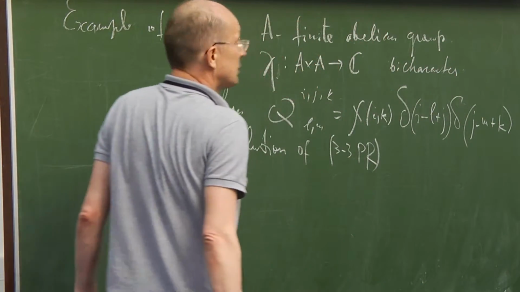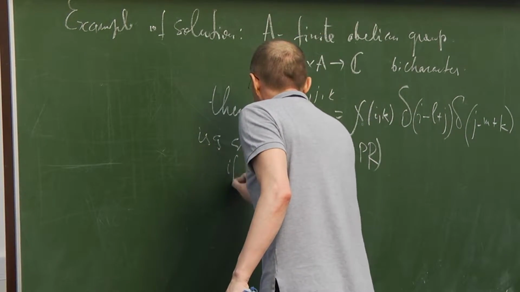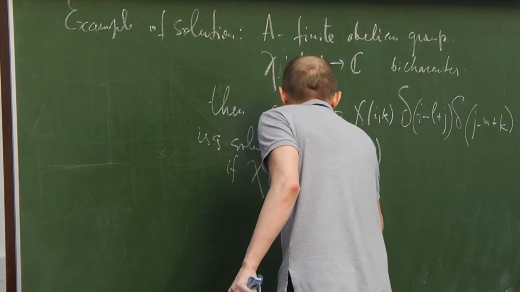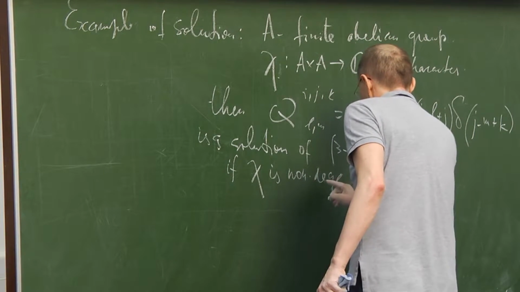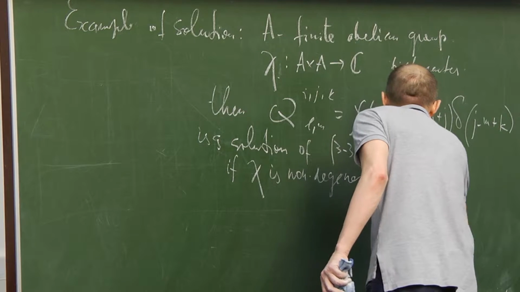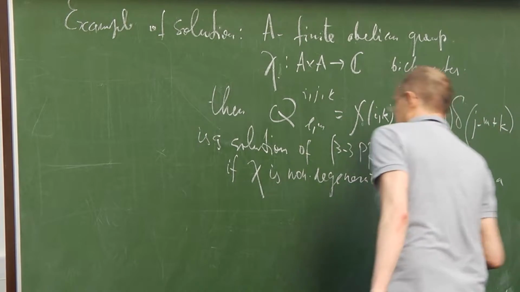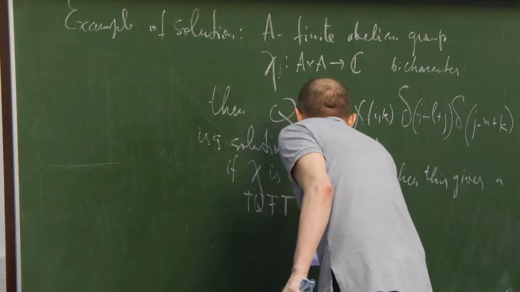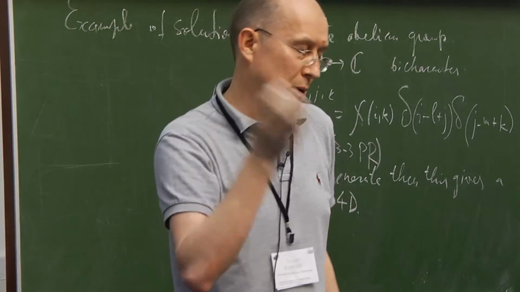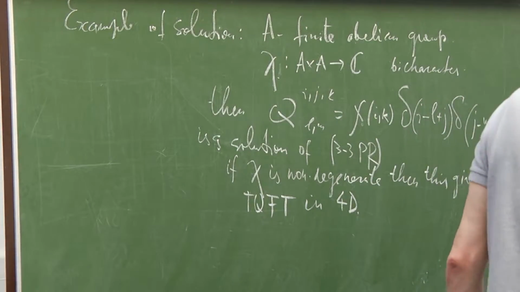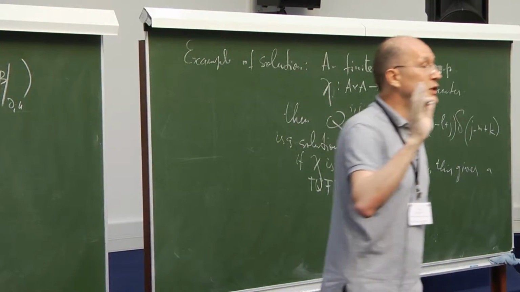So this is the solution, and if chi is non-degenerate, then this gives a TQFT in 4D, which means that we can realize all types of Pachner moves, and we can implement the complete four-dimensional symmetry of the theory.